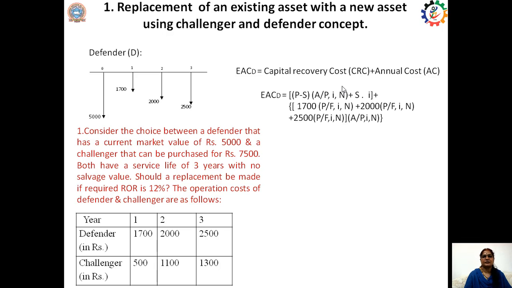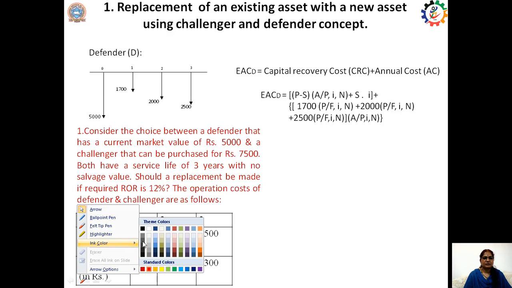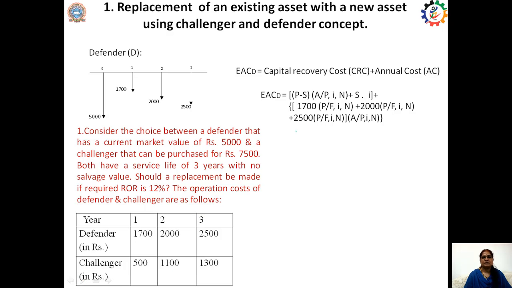Now capital recovery cost formula is P minus S, where P stands for first cost or the purchase cost, S is for salvage value, and then I'll use the marker so that I can easily show.